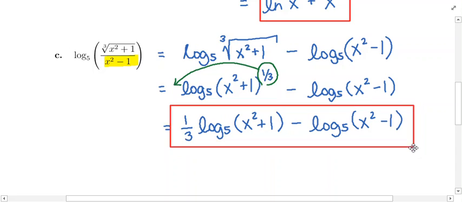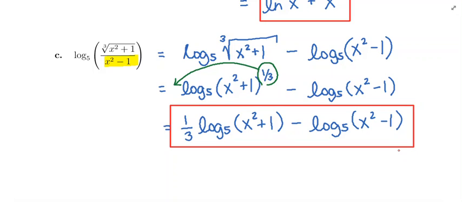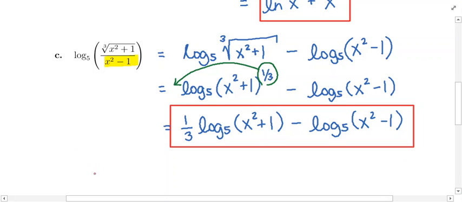Okay, when you're expanding, the last step is going to be bringing any powers down like we did with the 1/3. Okay, something I really want to mention here, this is mega important. You see a couple of things here. You see log base 5 of x squared plus 1. And on the right, you see log base 5 of x squared minus 1.